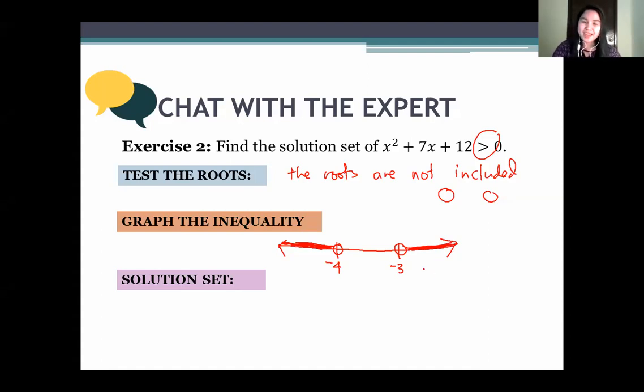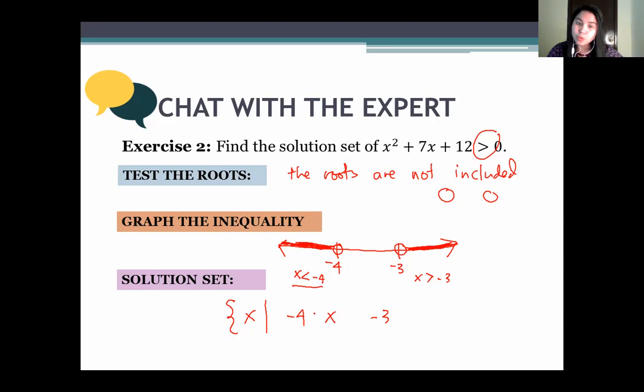Next, how do we write our solution set? x less than -4, and x greater than -3. Here's how you write the solution set: x such that, you write x in the middle of -4 and -3. But here, be careful where the opening of the mouth points. In the first one, where does the opening point? To -4 or to x?